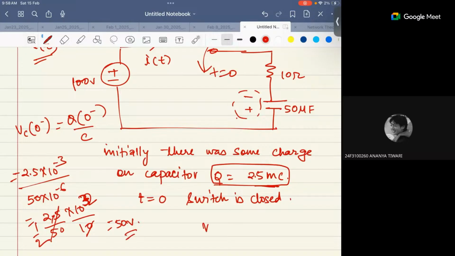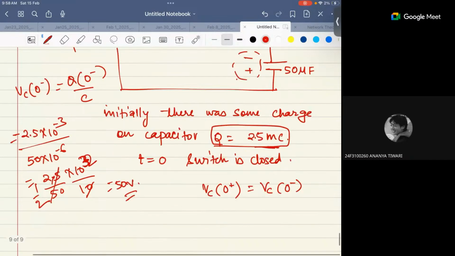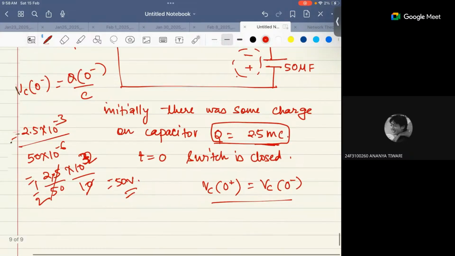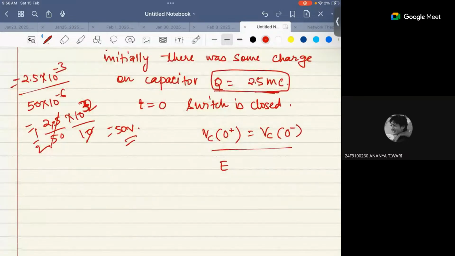So Vc(0+) is equal to Vc(0-). You already know that the inductor opposes the change in current, and the capacitor opposes the change in voltage, because it is all dependent on the energy only, half CV squared, right?